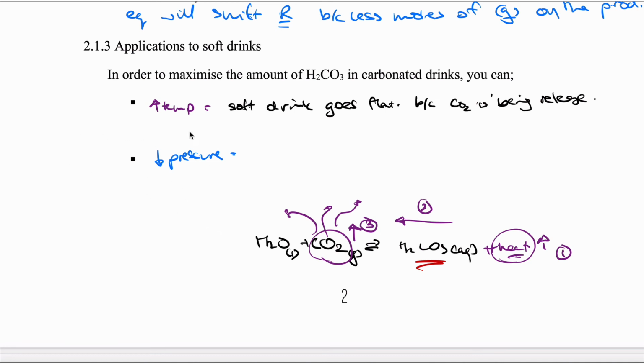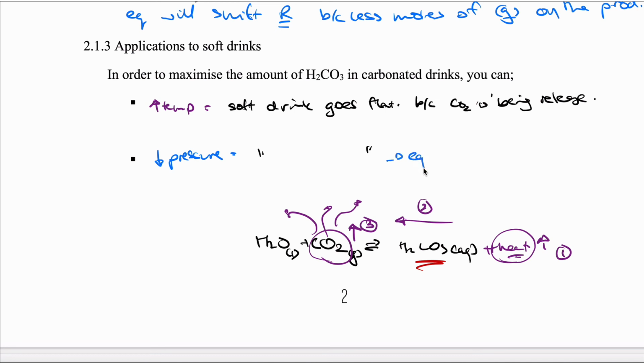And why does that happen? Well, if you decrease the pressure, we know that the soft drink goes flat as well, and the reason is because let's think about our rule before. If you decrease the total pressure, the equilibrium will shift to the side with more moles of gas, because you've decreased the pressure. It wants to increase that pressure back up again, so it's going to shift to the side with more moles of gas.